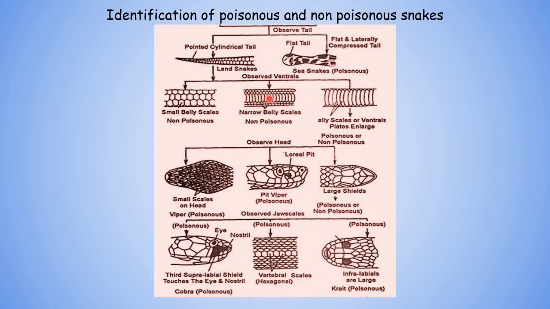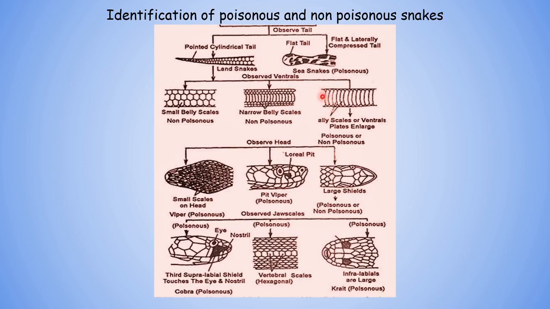There are two types of scales you can see on the ventral side in this diagram. You can see a row of scales in the center, and small scales lining the sides of the ventral region. That means a single scale is not covering the entire ventral region, and if that is the case, you can identify it as a non-poisonous snake.